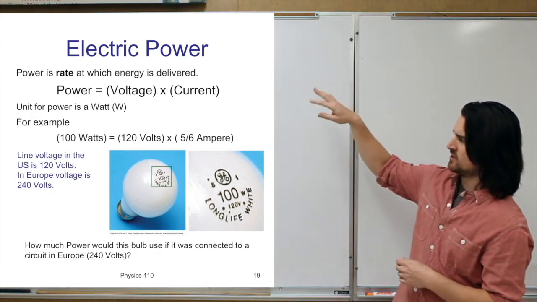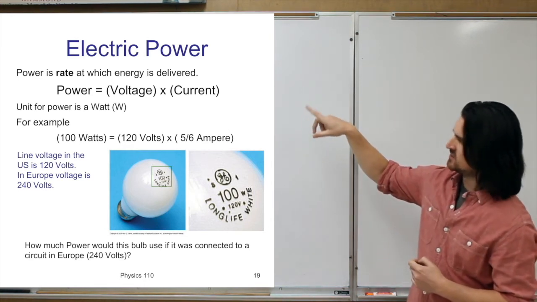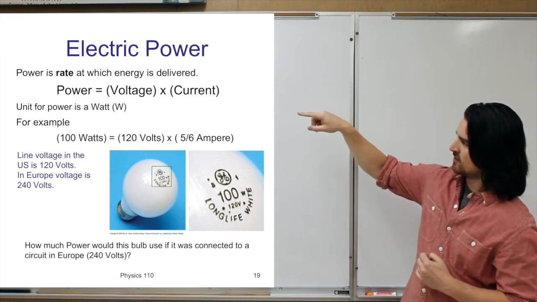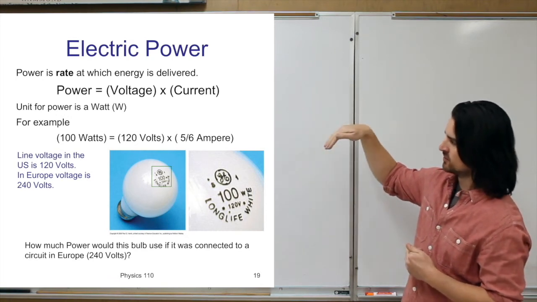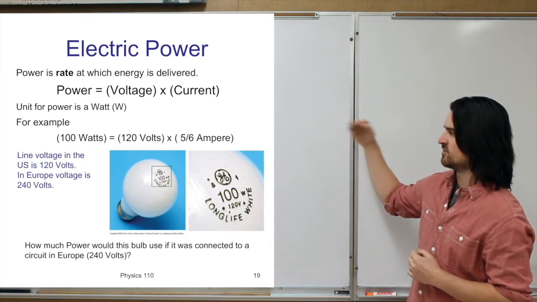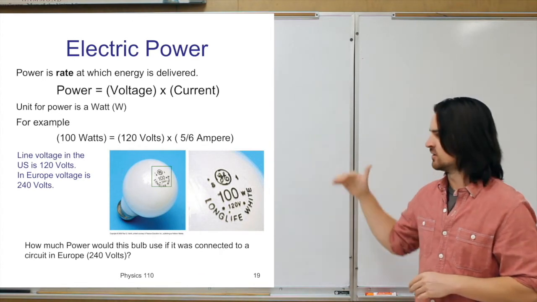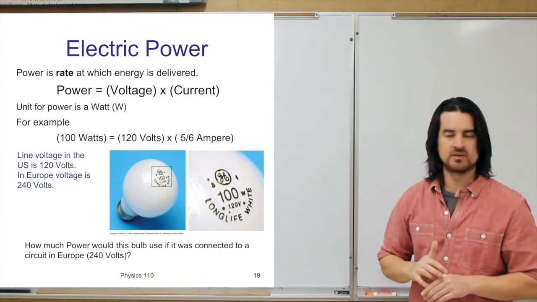Well, if you rearrange this relationship, you can say that the current that's going to flow is equal to the power that's delivered divided by the voltage. And in that way we could find out that in this light bulb, there's going to be 5/6 or about 0.8 amps traveling through this light bulb.